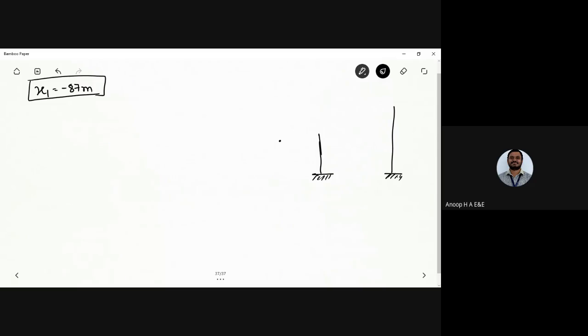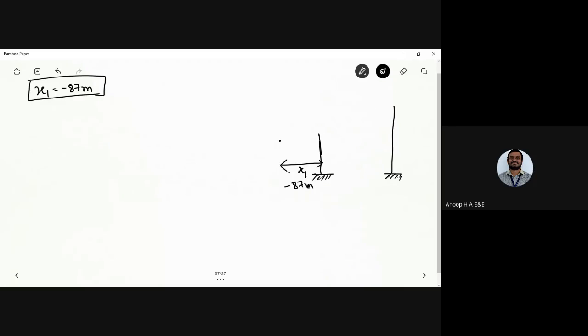Now, for the sag, the lowest point on the conductor, generally you would have taken it like this, but here we can take it from the negative side. So this is x1, a negative distance from tower A. x1, which is minus 87 meters, is the negative distance.